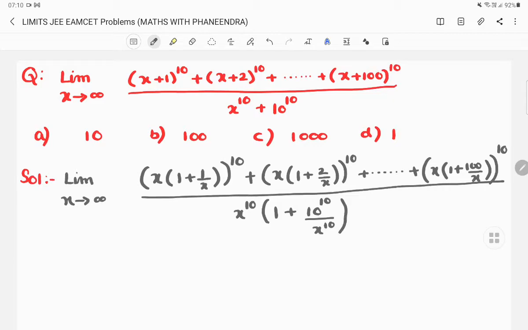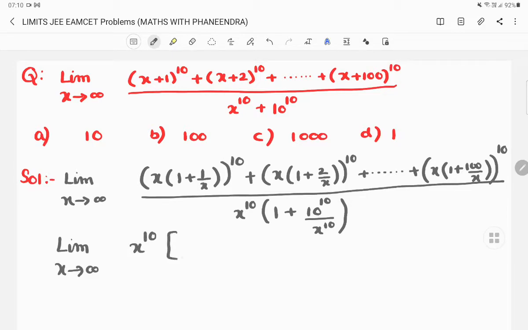After that, from the numerator, in every term x power 10 will be common. Here (ab) whole power m means a power m into b power m. In the same way, in the first term x power 10, in the second term x power 10 and so on, in the last term also x power 10. I am taking x power 10 common.